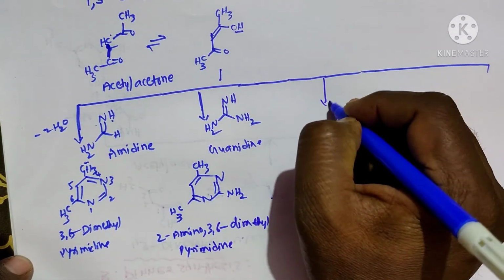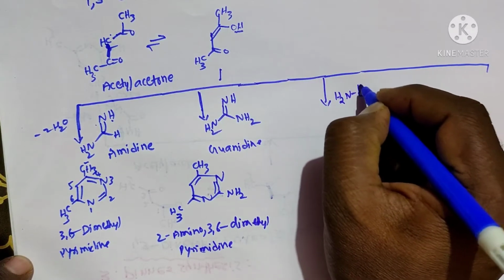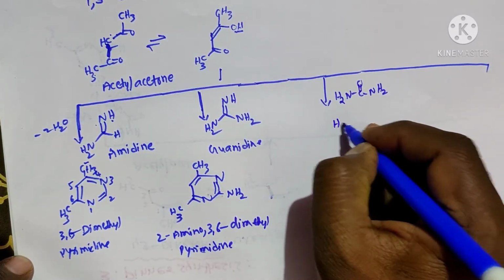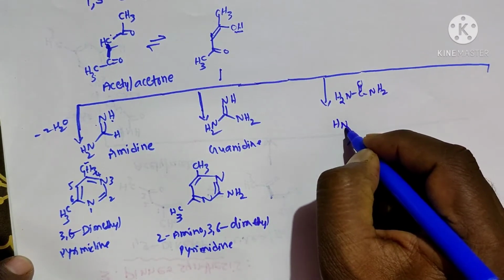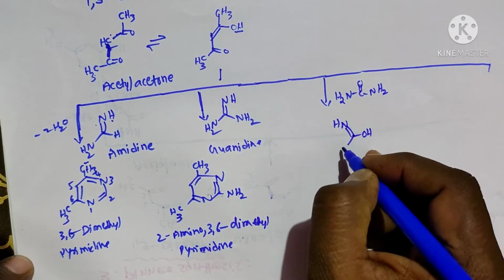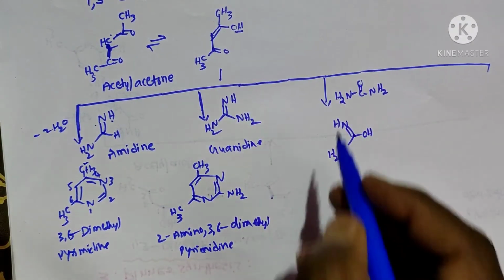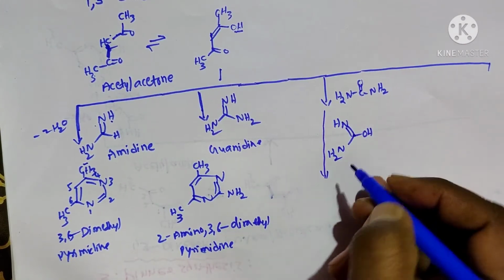Next we make use of urea, that is NH2 C double bond O NH2, and for convenience we can write this as hydroxyamidine. So we can consider urea as the hydroxyamidine. Here what happens, we get this product.